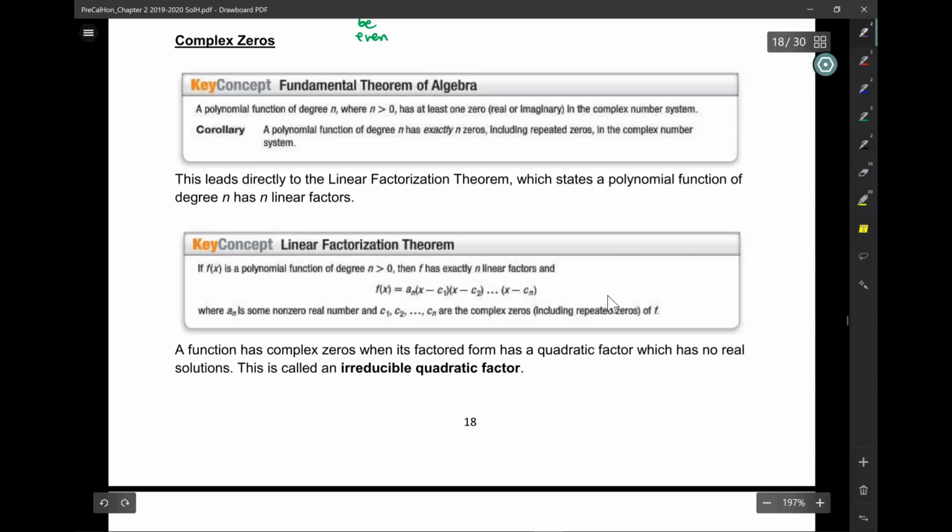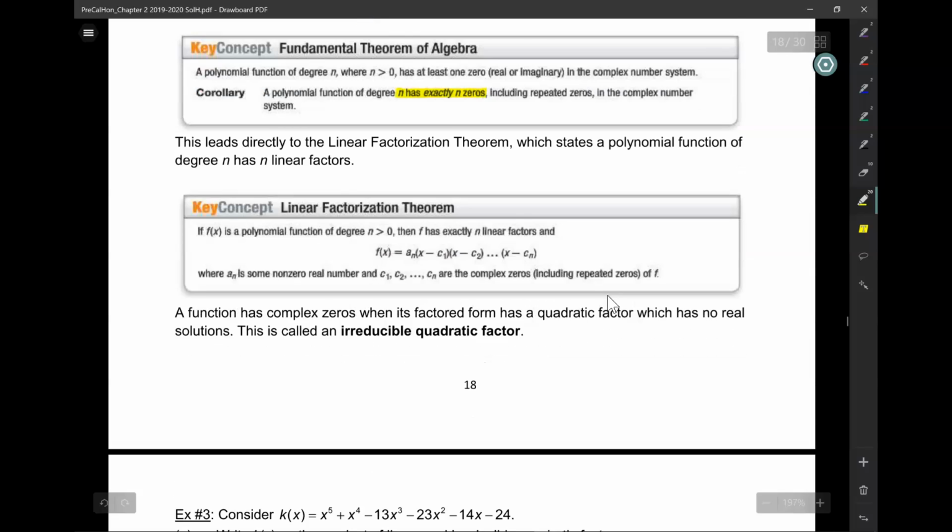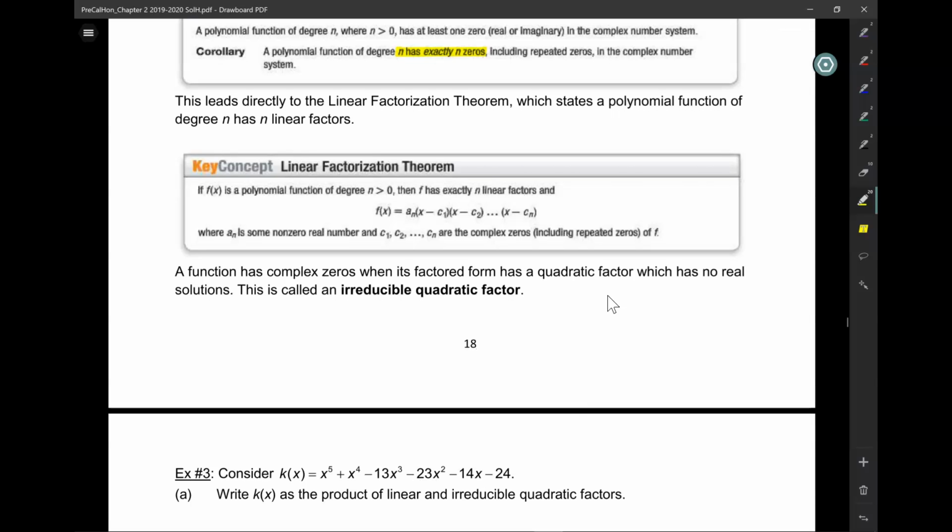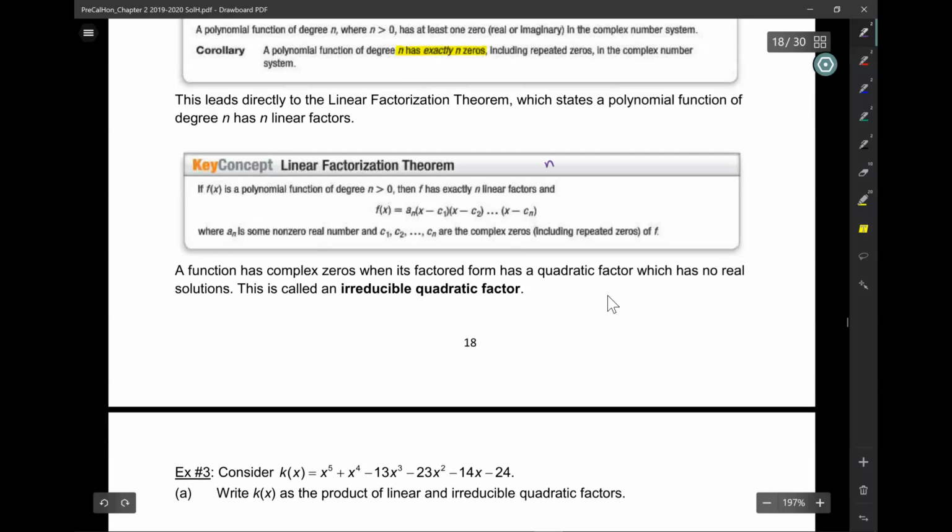So this is a corollary. Basically, all this says is that a degree n means something has exactly n zeros, including positive, negative, real, imaginary, everything. Okay? All right. So what does that mean? That means once you factor a polynomial, if there are n zeros of a polynomial, there have to be n factors.